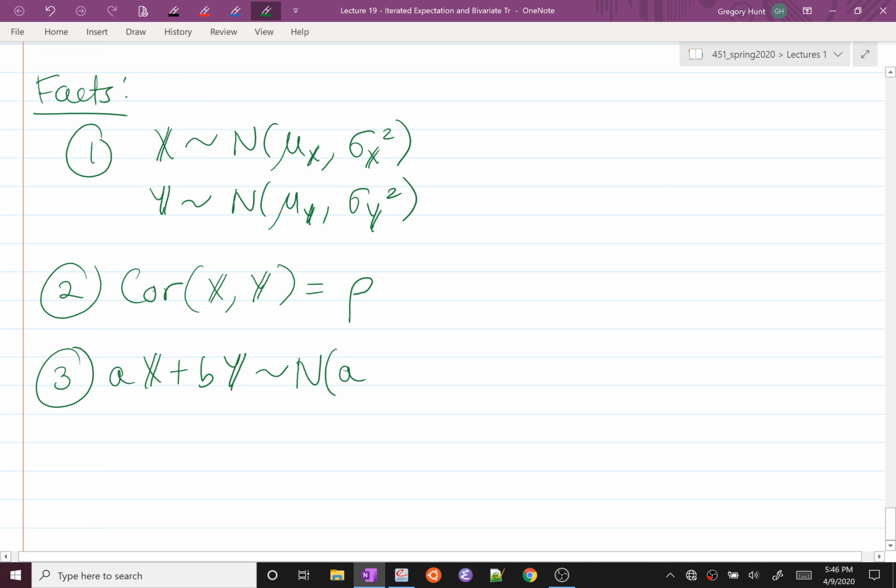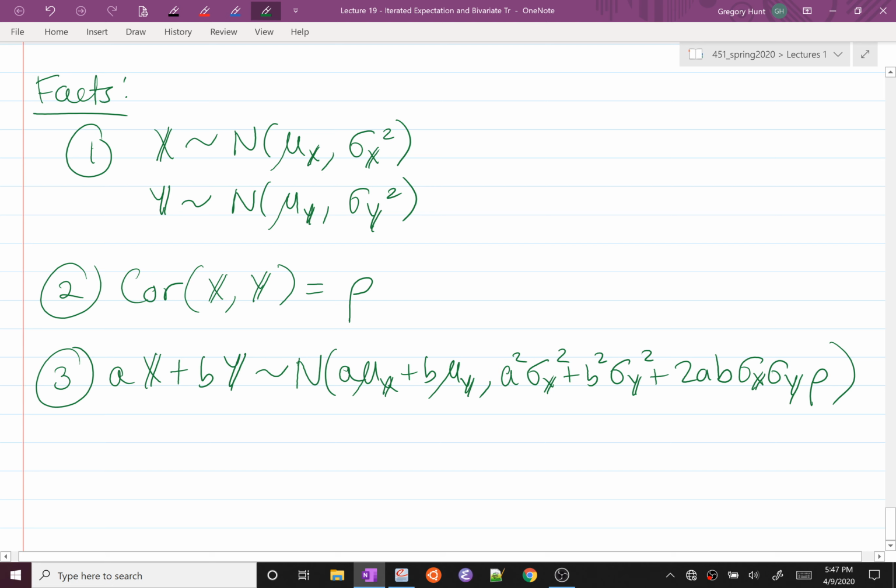This is also normal with mean a times mu x plus b times mu y, and variance a squared sigma x squared plus b squared sigma y squared plus 2ab sigma x sigma y times rho.